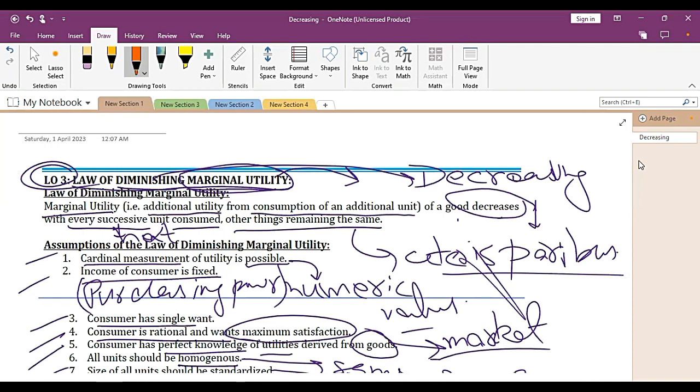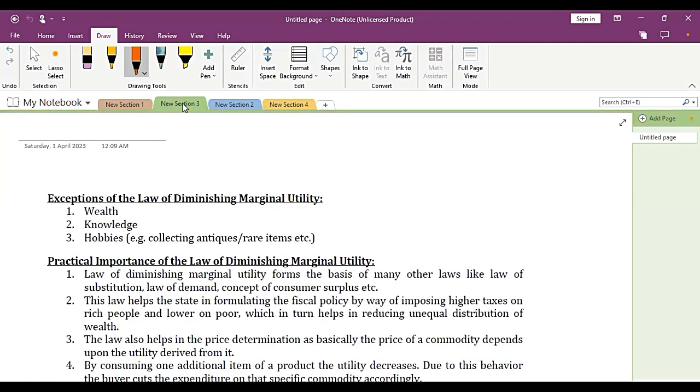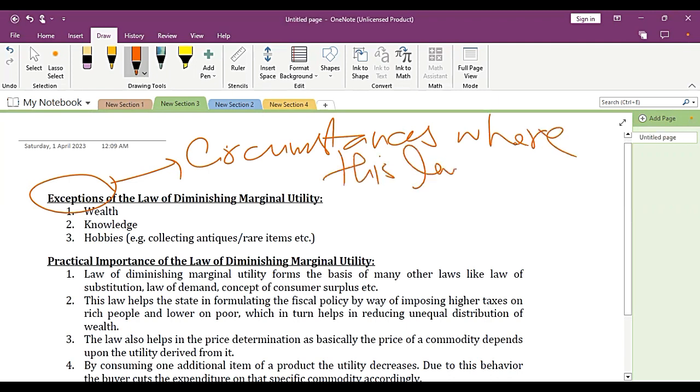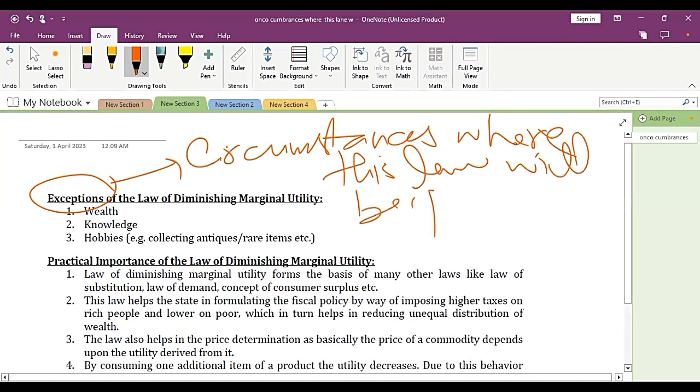Let's move to the exceptions, or the circumstances where this law will not be practicable.